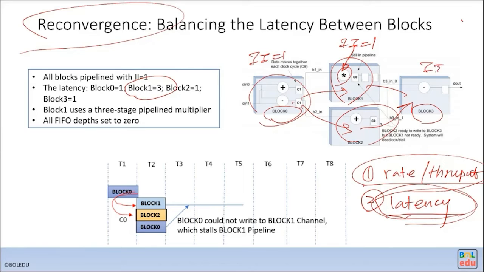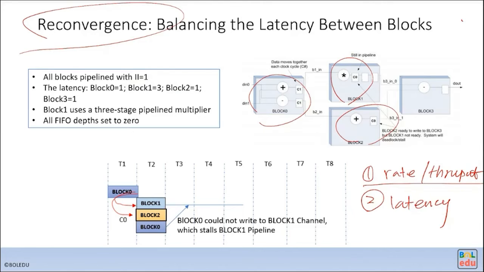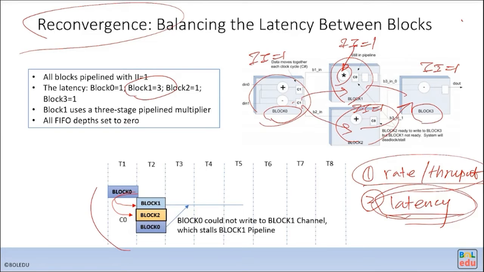Throughput rate is 1, okay? But block 1 has a latency of 3. In that case, when we write the code and execute, you will find you get a deadlock. In this case, you don't have any FIFO between them, zero FIFO.